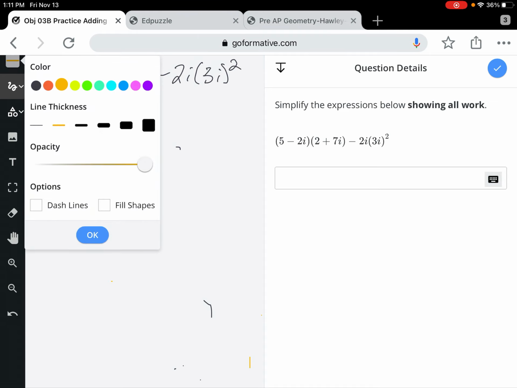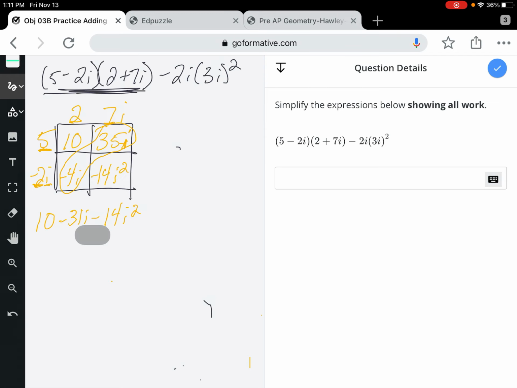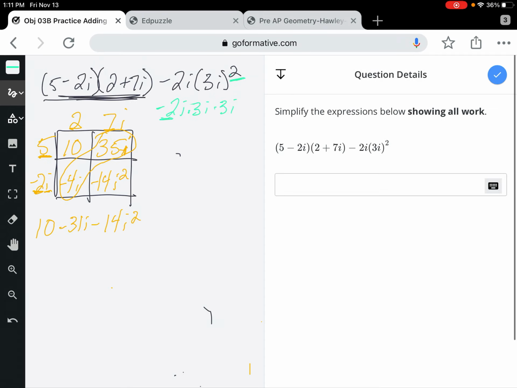I'm going to simplify the other part. Okay, so this one right here. So first off, this is 3I times 3I. That's what that squared means. So I multiply all of my numbers. So it's going to be negative 2 times 3 is negative 6. Negative 6 times 3 is negative 18.